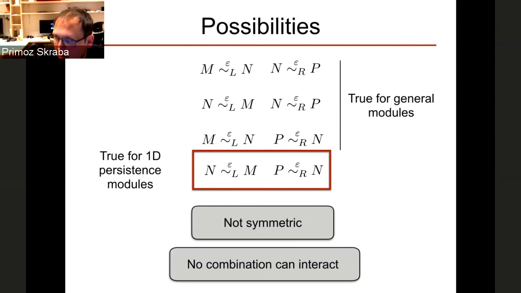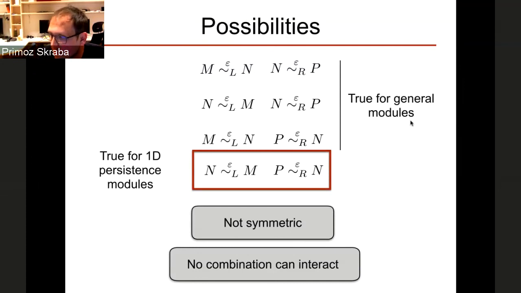Whereas this last case, and I don't really know why, is only true for one-dimensional persistence modules. More specifically, we use the fact that these one-dimensional modules have a projective dimension of 1. So I'm not sure whether this is just an artifact of our proof technique or whether there's really an obstruction to this kind of composition for more general modules. And that's an open question.